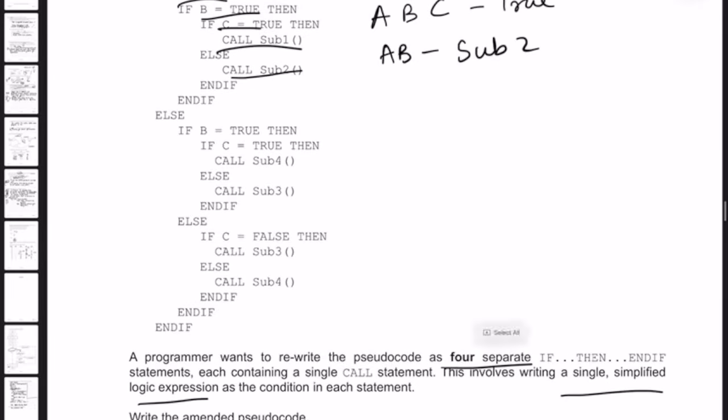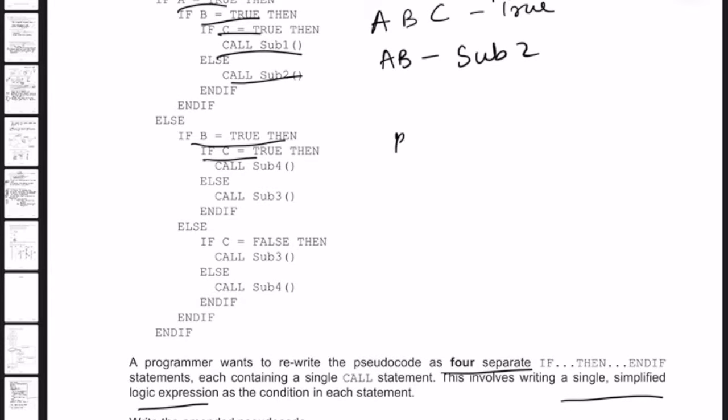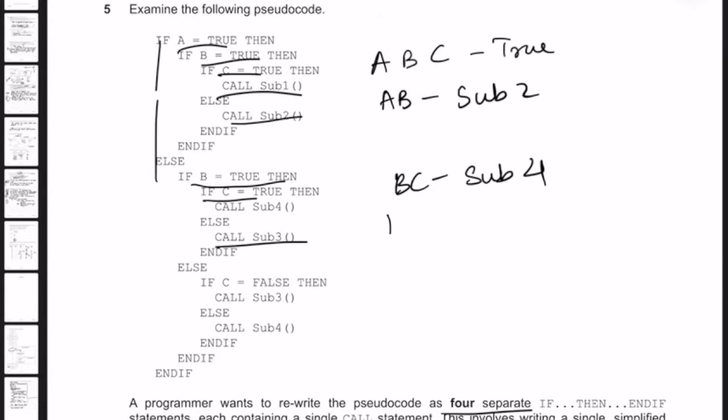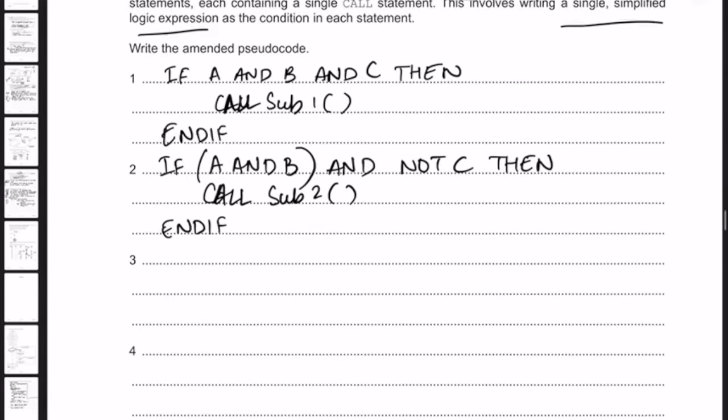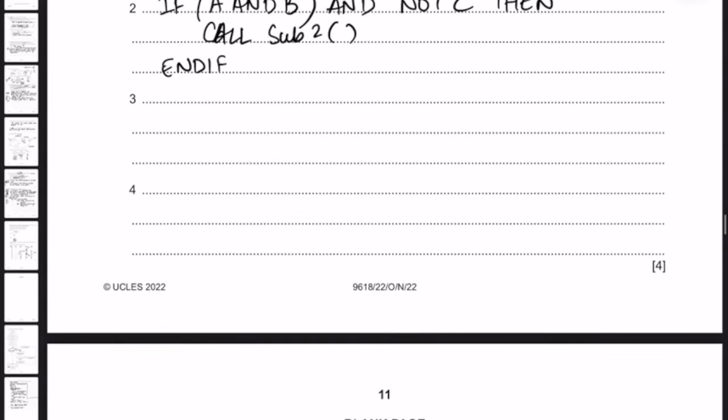For sub 3, now if B is true and C is true, then so B and C, then we call sub 4. Okay, so here A is not true and B and C are true, then we call sub 4. If A is not true, okay, so first for the fourth one we can finish that.